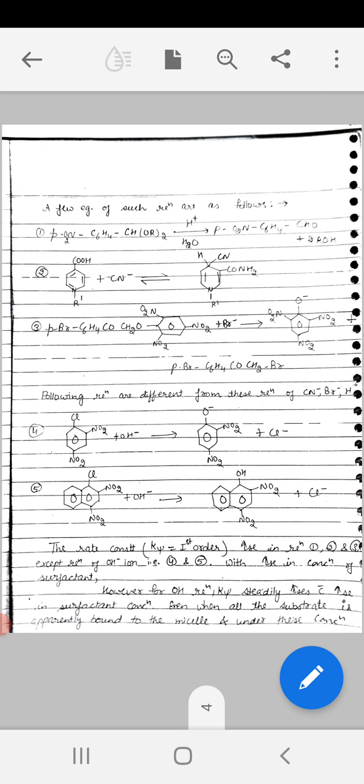However, for OH ion reactions, K psi steadily increases with increase in surfactant concentration, even when all the substrate is apparently bound to the micelle, and under these concentrations added hydroxide ions increase K psi contrary to predictions. It appears that such hydroxide reactions are a special case.